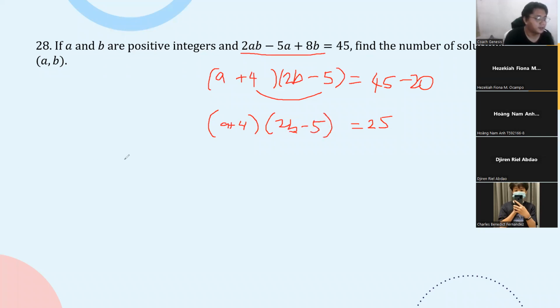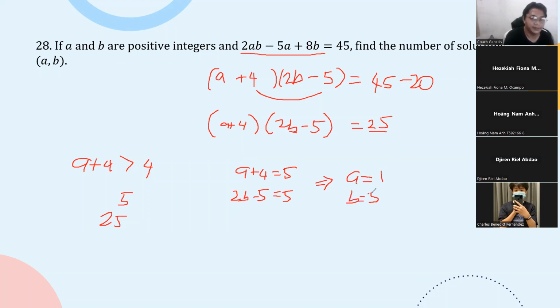Now, please take note that a is a positive integer. That means that a plus 4 is always greater than 4, which means that the factors that can be assigned to a plus 4 will only be 5 and 25. So if a plus 4 is equal to 5 and 2b minus 5 is equal to 5, then you will have a is equal to 1 and b is equal to 5.